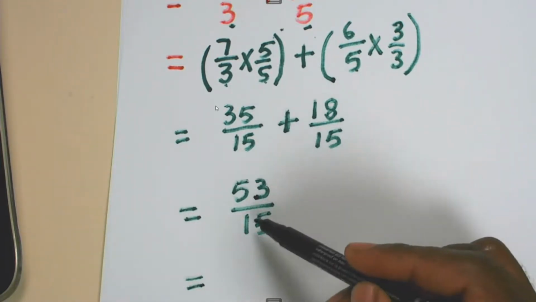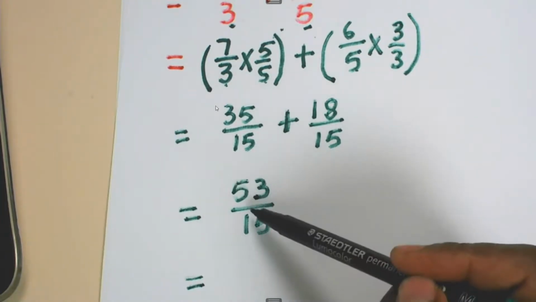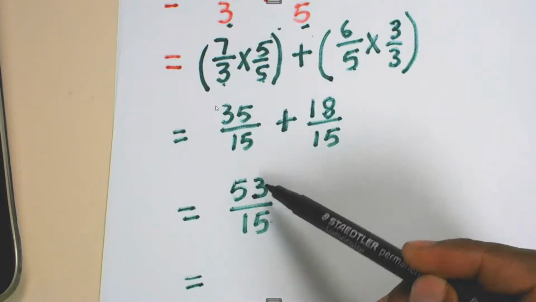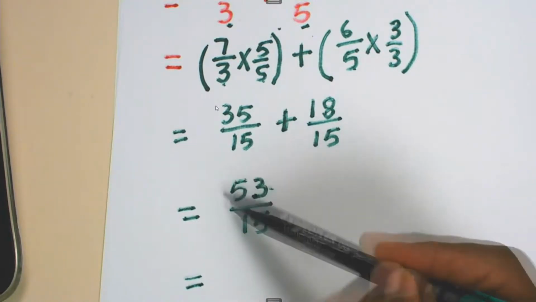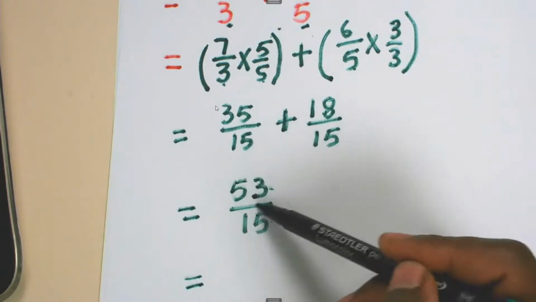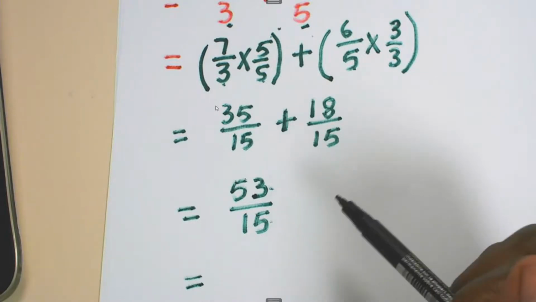How do we do that? We have to ask ourselves, because this number is bigger than 15, how many times does 15 go into it? Or how many 15s can we get out of 53? There are many ways to do that.